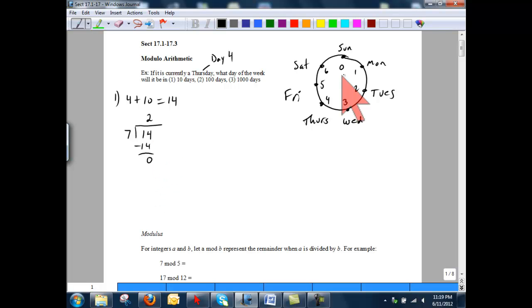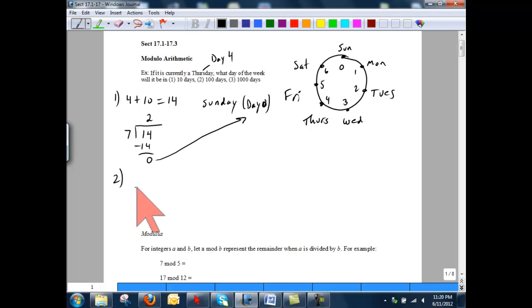So what this means is 14 days is 2 trips or 2 weeks around the circle, and then no more after Sunday. So the answer is Sunday, day 0. And what about this computation told me it was day 0? It's the remainder, not the quotient, but the remainder. That's the important part here.